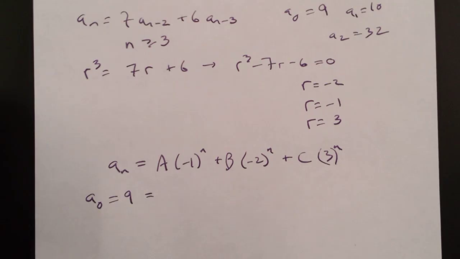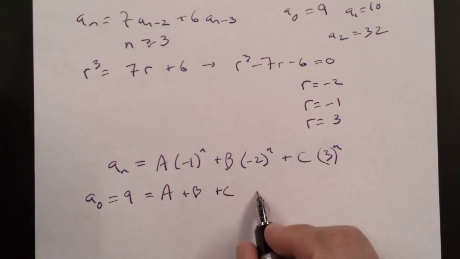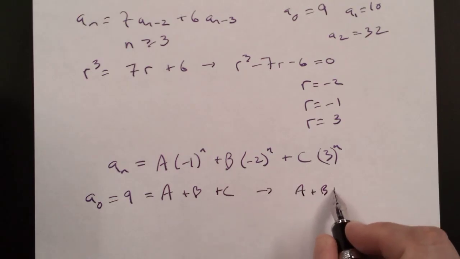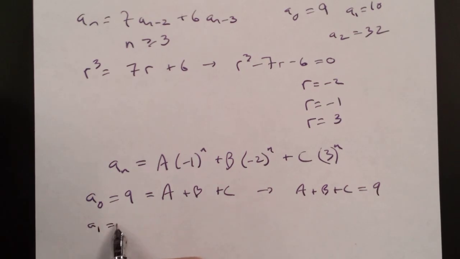Exactly. Because -1 to the 0 is a 1, -2 to the 0 is a 1, 3 to the 0 is a 1. So I get A times 1 plus B times 1 plus C times 1. I'm going to reverse the two sides. I'm going to write A plus B plus C equals 9. What happens when I put in 1?